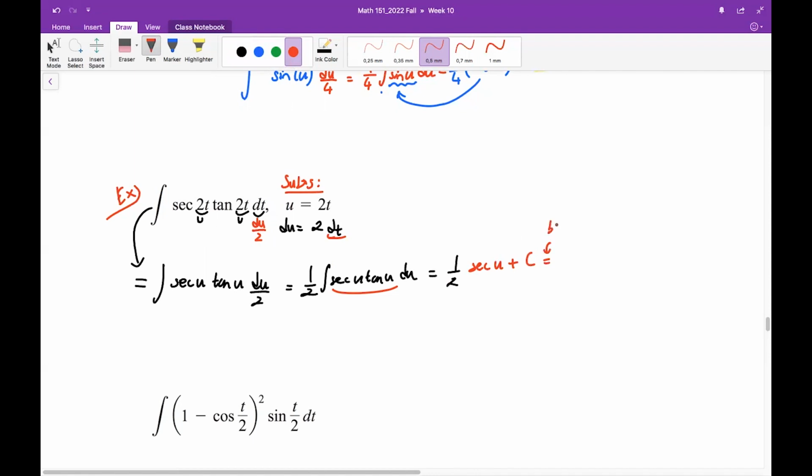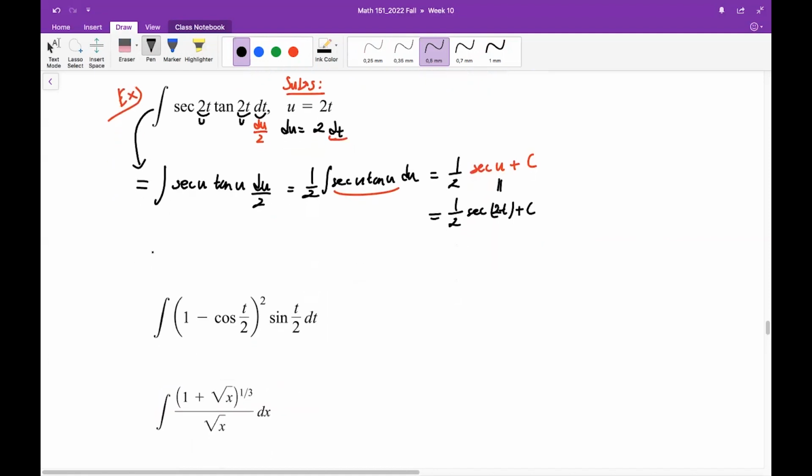And now you have to turn back to your original variable t. So let me write the result over this line: 1 over 2 secant of 2t plus c.